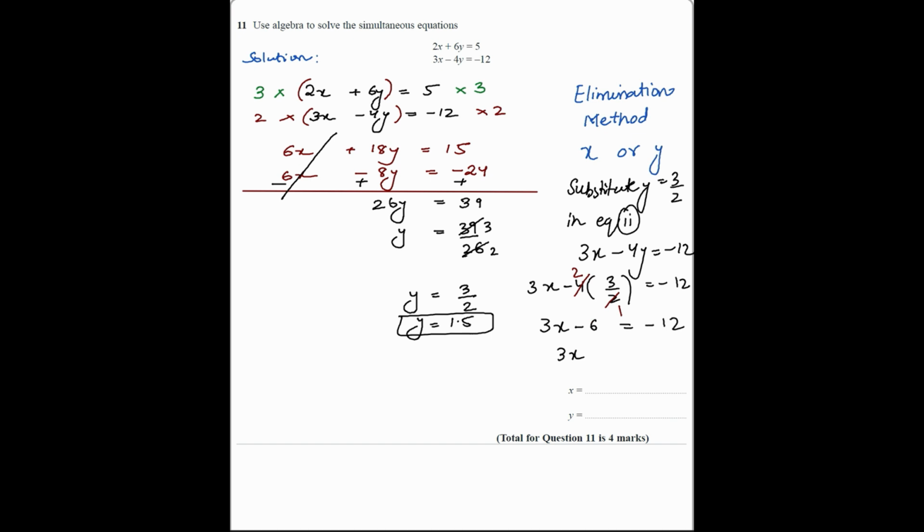And then 3x equals minus 12 plus 6. Minus 12 plus 6 means 3x equals minus 6. And then x equals minus 6 divided by 3, which means x equals minus 2. So the values are x equals minus 2 and y equals 3 over 2 or 1.5.